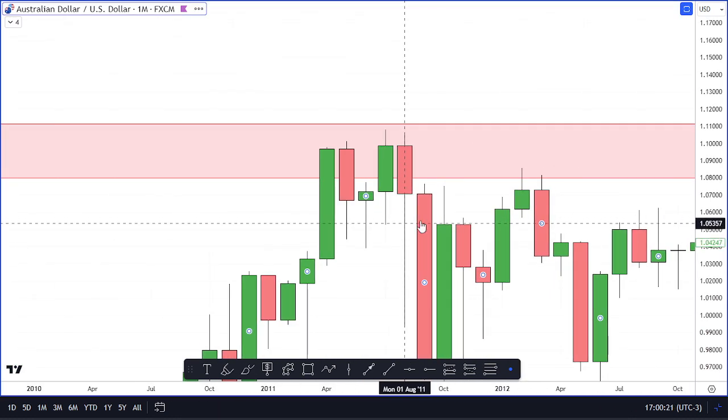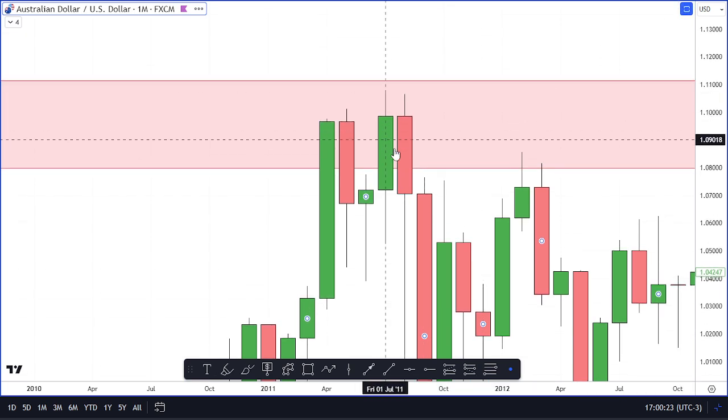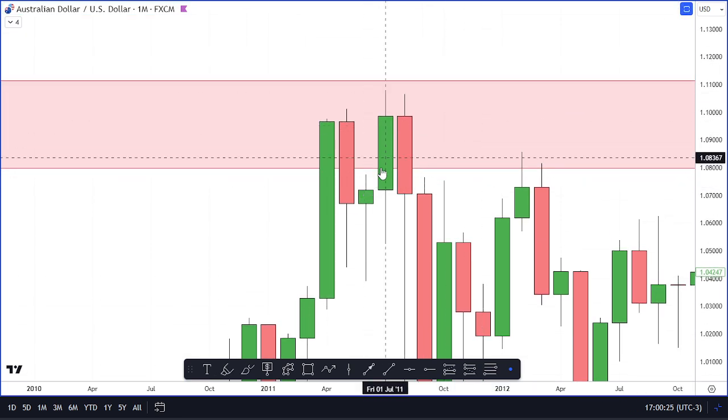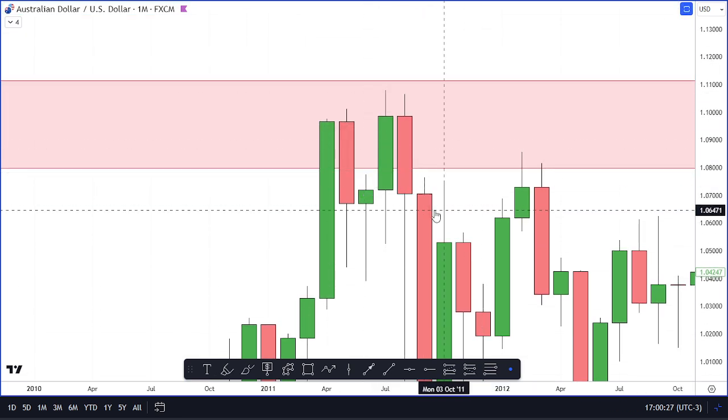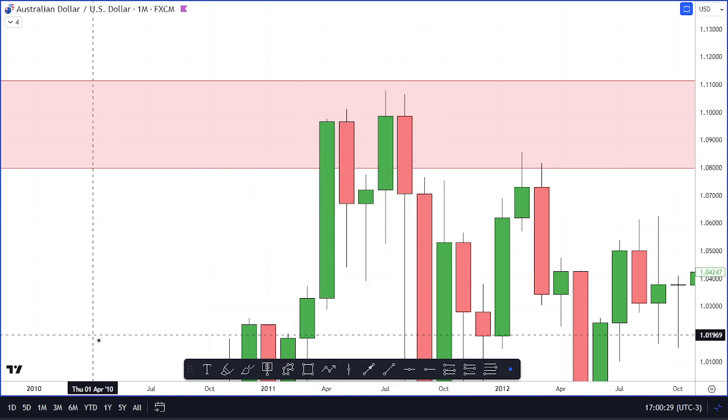Right here we have this candle as the middle candle, and we have two candles to the right, 1 and 2.